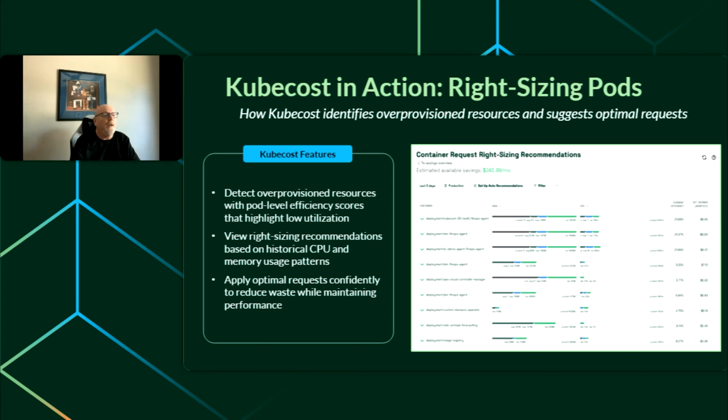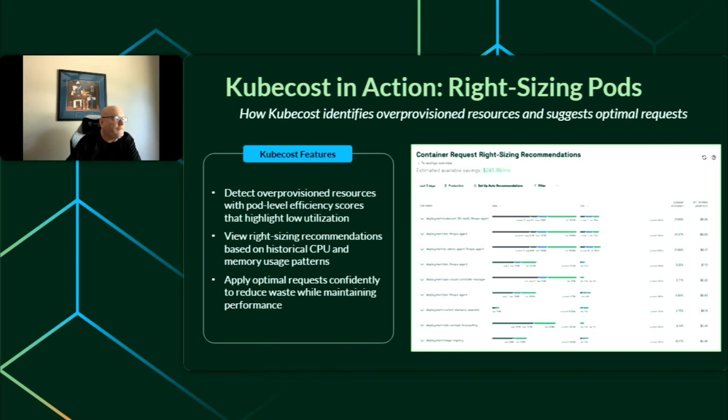So some of that can be automated. We can also put these values, for example, as part of my GitOps workflow. I can put these values in my source of truth, deploy these workloads, and then I'll have these workloads out there running a little bit more efficiently. But the idea here is Kubecost is one of those tools. There are a bunch of tools built into Kubernetes we can use, but there are additional tools out there, tools in the toolbox that can make this a little bit easier to work with in terms of understanding where I can right-size those resources to make them more efficient and less expensive.